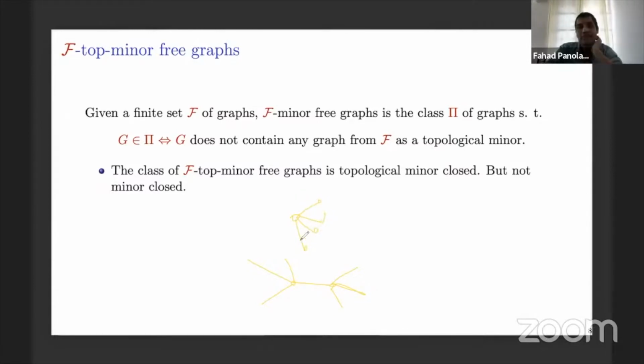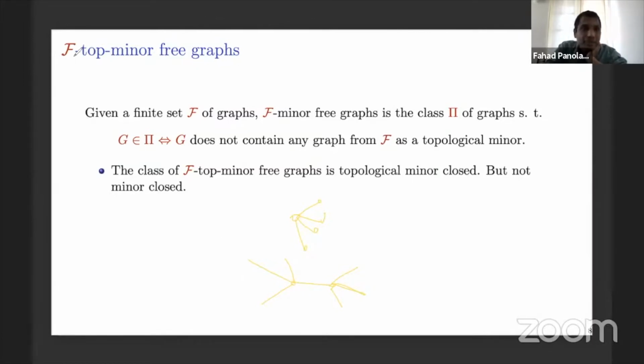And if we don't have K1,D+1 as a topological minor, then that graph will have degree at most D. And so the class of graphs which has max degree at most D is F topological minor free, where F contains K1,D+1. And that is not a minor closed family, we have seen in the last slide. So you can have a graph where when you contract an edge, what you're going to get is a graph with degree more than D.